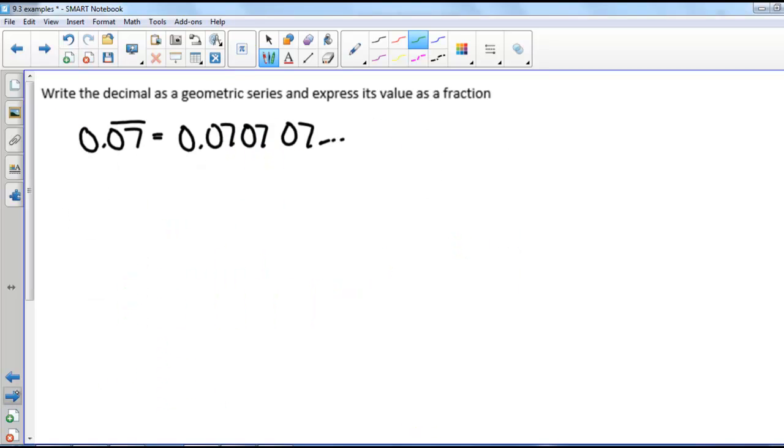We want to write this decimal as a geometric series and express its value as a fraction. So we have 0.07 repeating, which is 0.07, 07, 07, and so on.